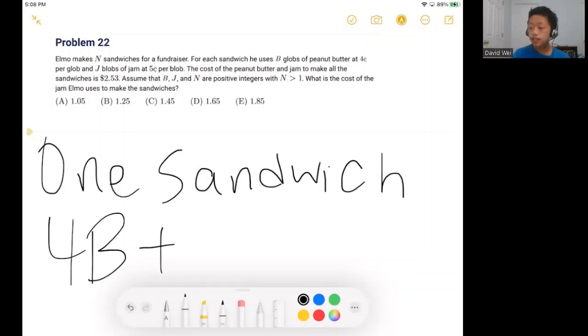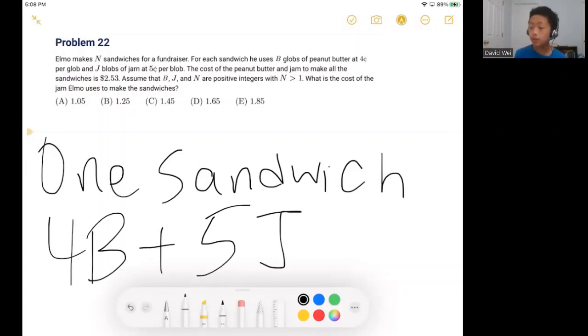Plus 5 times J, because each blob of jam costs 5 cents. So 4B plus 5J represents the total amount of money required to make one sandwich.